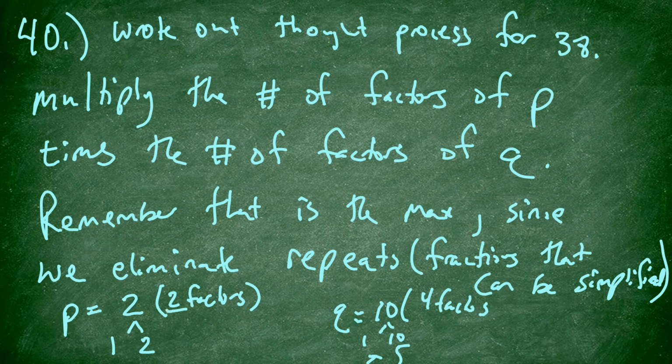So I multiply 2 times 4 to get 8. And remember, since you have plus or minuses, 16 with your plus or minus. Alright? So that's how I find all those factors out. And that's it for 40.